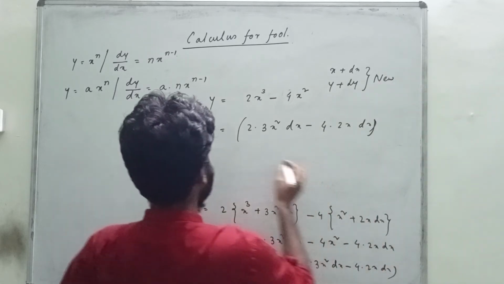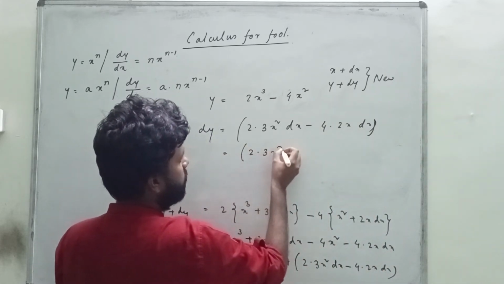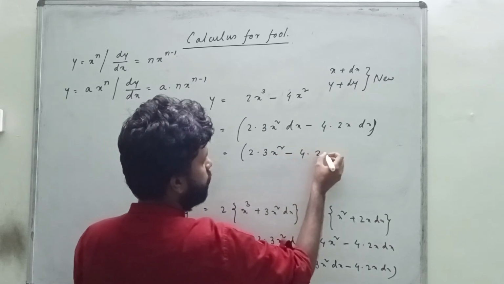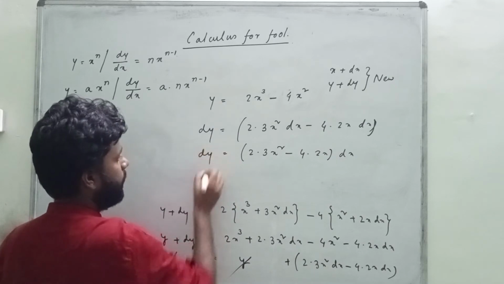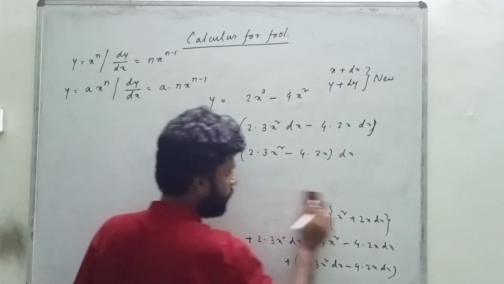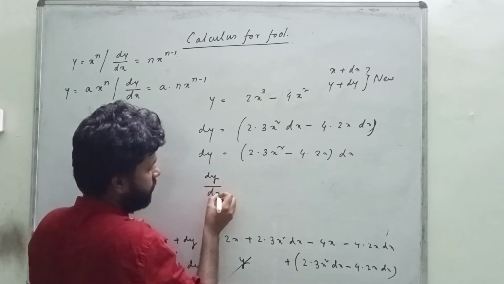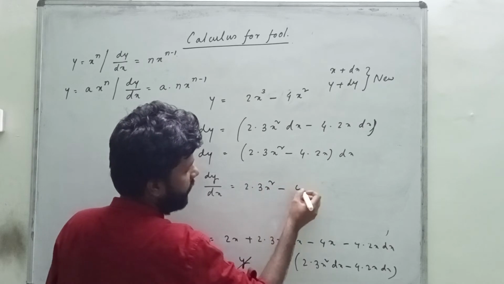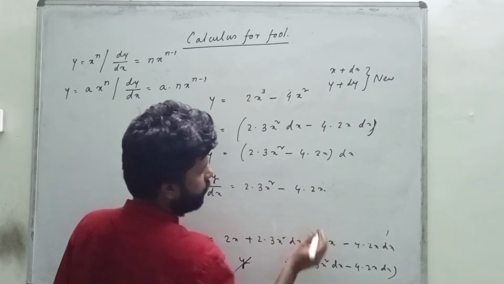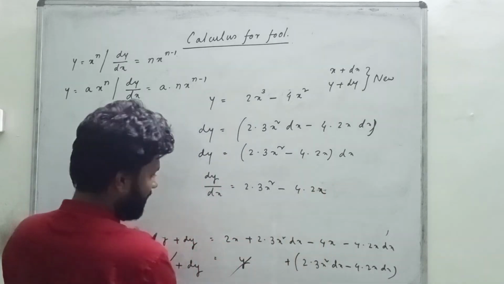So you can take it out. So 2 into 3x squared minus 4 into 2x, over and dx is a dy, right? So what is dy over dx? dy over dx means 2 into 3x squared minus 4 into 2x, right? Is a dy over dx.